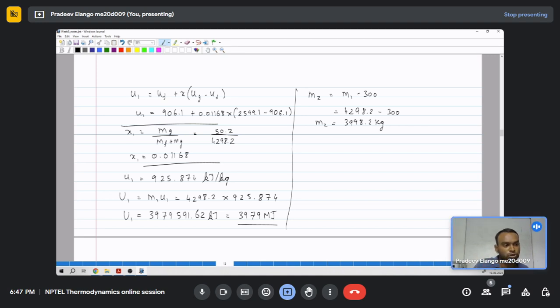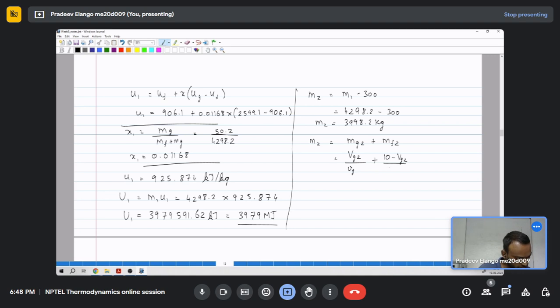Now we know the total volume is also 10 meter cube. We know m2 is equal to mg2 plus mf2. I would write Vg2 by specific volume at second state, and similarly this should be 10 minus Vg2 because the total volume is 10.